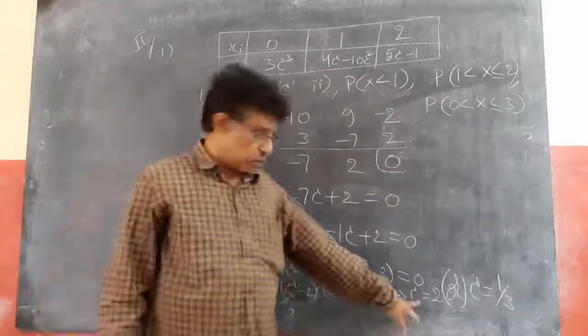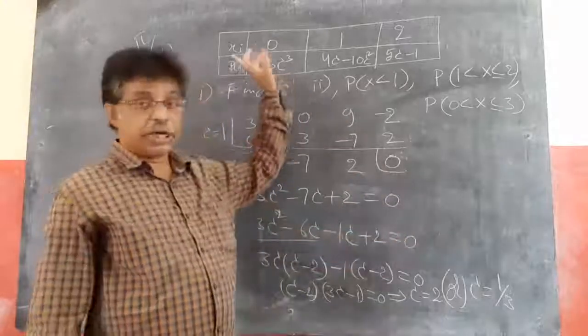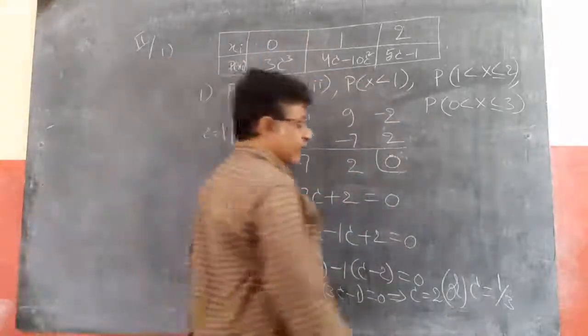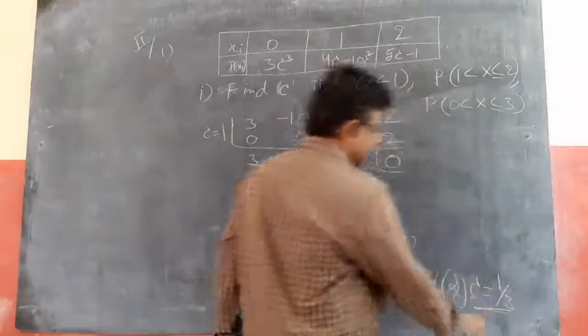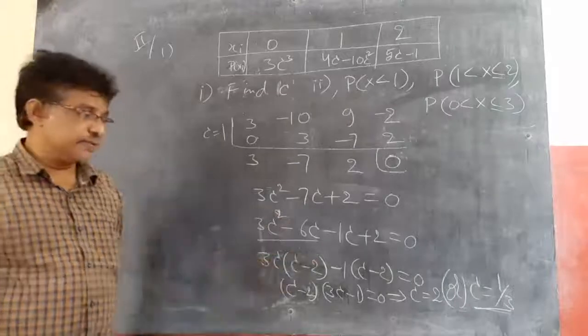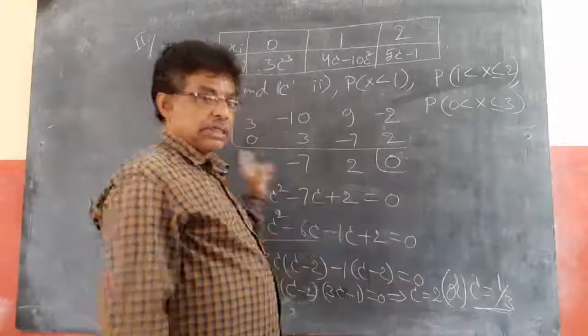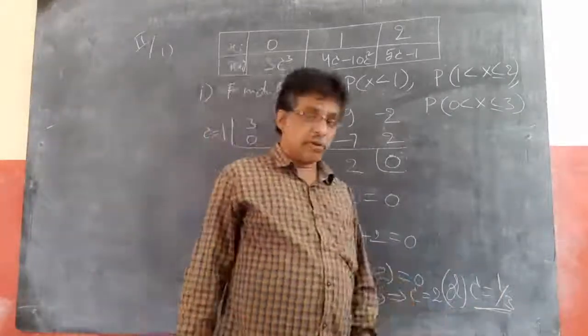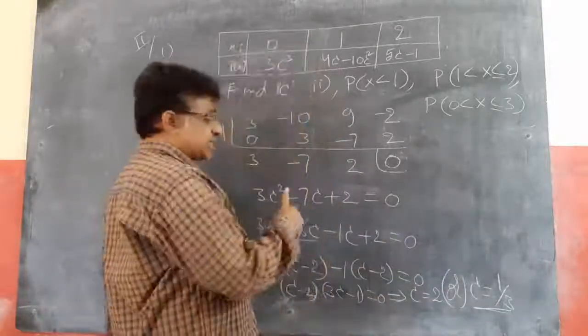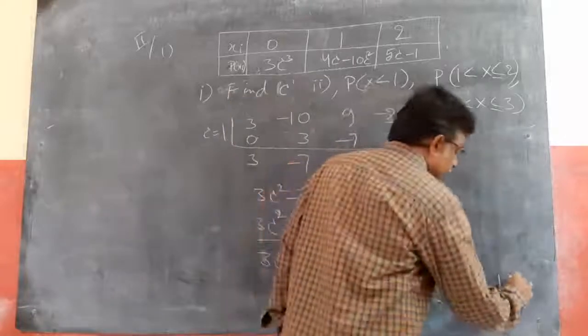But c equal to 2, if I substitute here, the probability will be more than 1. Probability should always lie between 0 and 1. So the required value of c is c equal to 1 by 3. Out of the three roots, c equal to 1, c equal to 2, c equal to 1 by 3, the value of c which satisfies the probability condition is only 1 by 3.